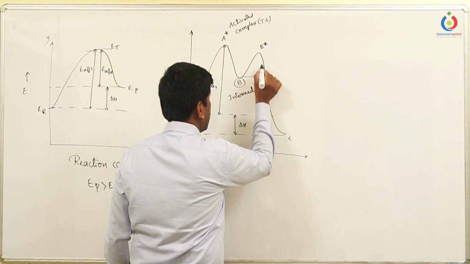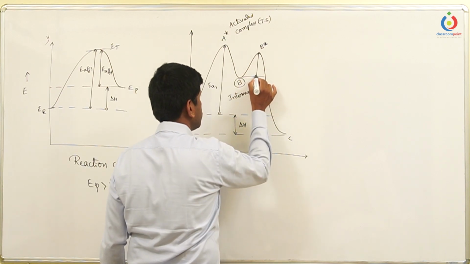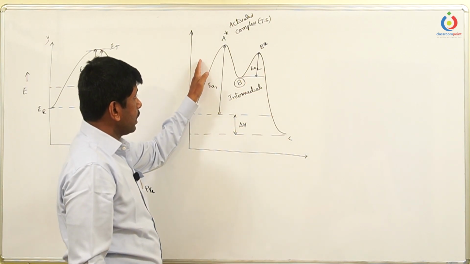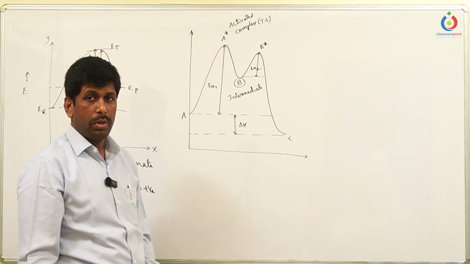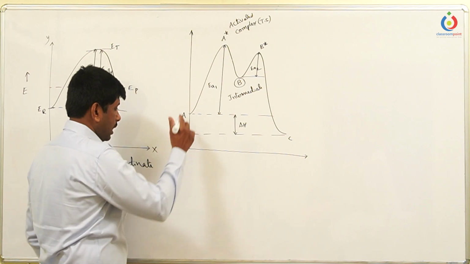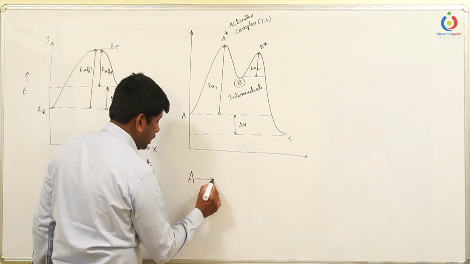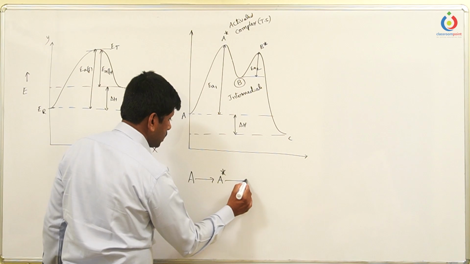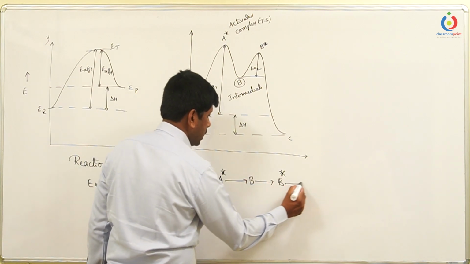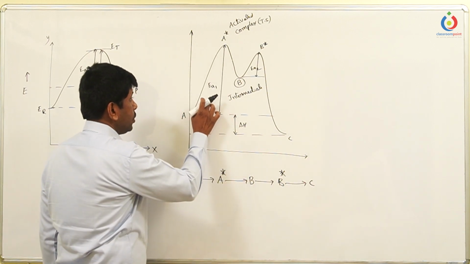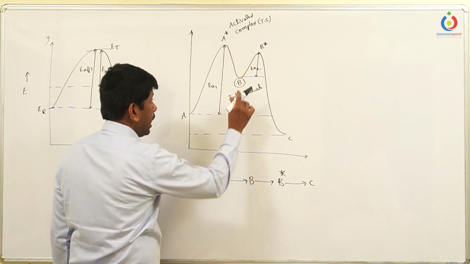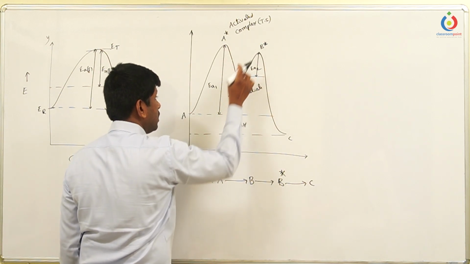And here one more activation energy is there, EA2. So in these two cases, the question is which is the slow reaction, which is the rate determining step. So I shall write this reaction as A converted into A star converted into B, B converted into B star converted into C. In these two cases, A to A star, this much activation energy is required, and B to B star, this much activation energy is required.